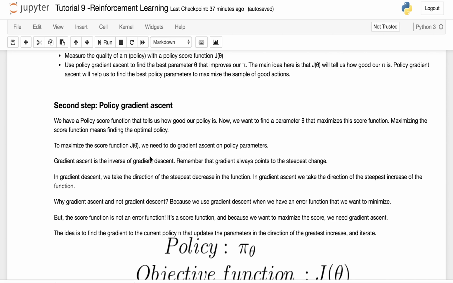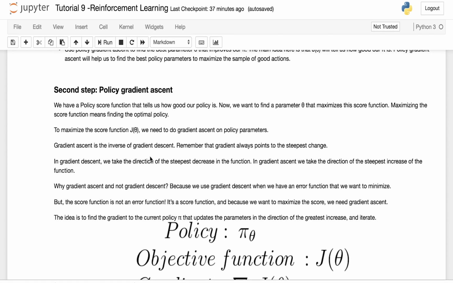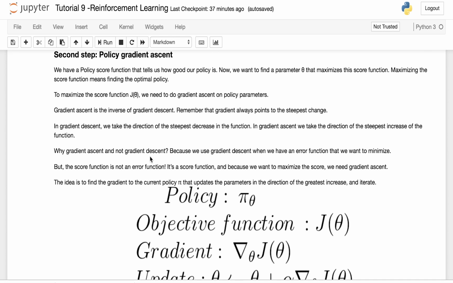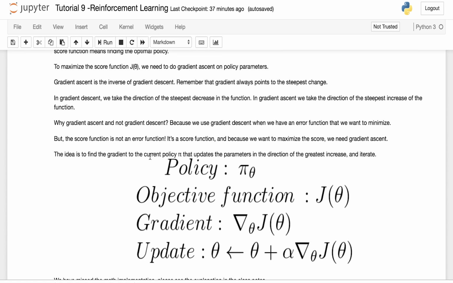In gradient descent we take the direction of the steepest decrease of the function, while in gradient ascent we take the direction of maximization. The idea is to find the gradient of the current policy pi and update our parameters in the direction of the greatest increase, and iterate.